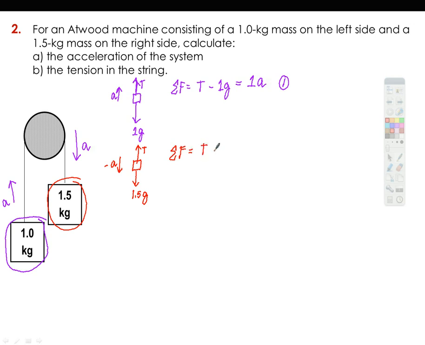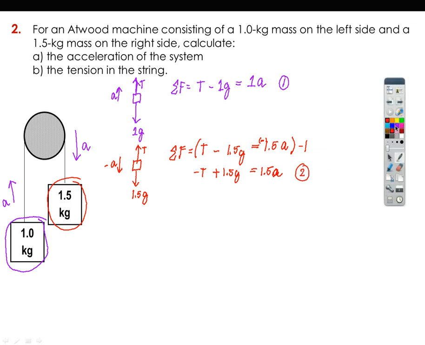Tension is going up positive, and this one is going downward, so it's 1.5g, equivalent to mass times acceleration. Our mass is 1.5 and acceleration is negative, so I'll put a negative sign there. Like we did in number 1, multiply both sides by negative 1, so this will be negative t, this will be positive 1.5g, and this will be a positive 1.5a. Okay, and this is our equation 2.